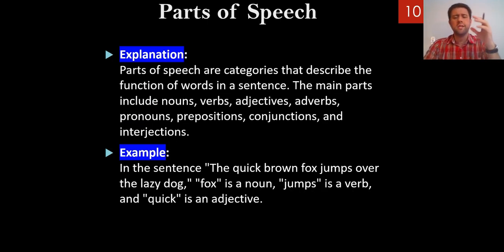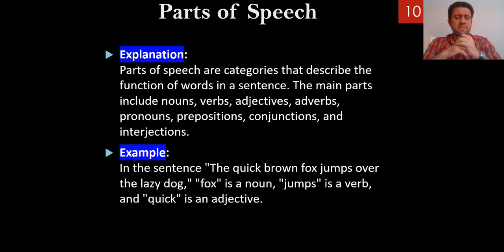So now we can talk about parts of speech. Parts of speech are categories that describe the function of words in a sentence. The main parts include nouns, verbs, adjectives, adverbs, pronouns, prepositions, conjunctions, and interjections, and I explained most of them.